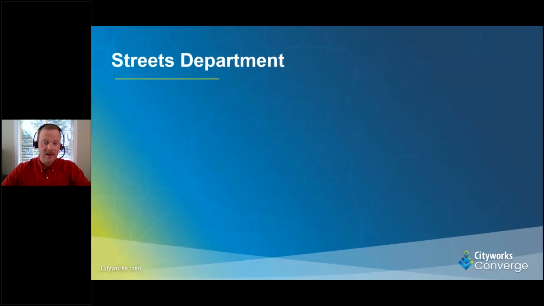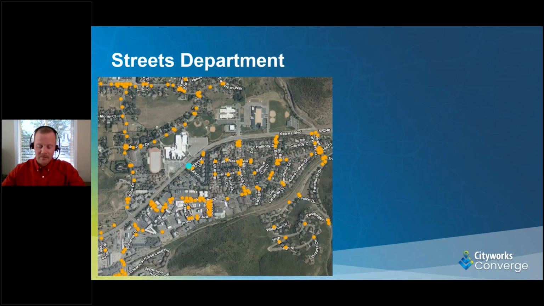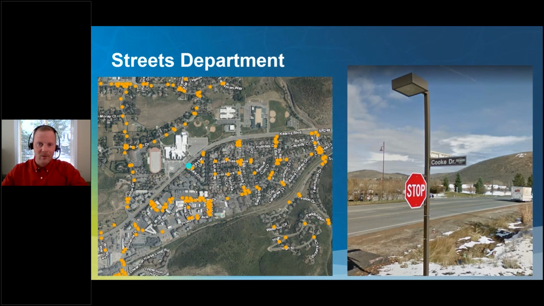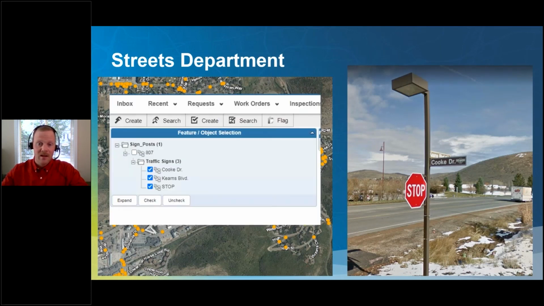All right, really quickly, aside from the water department, I also manage the data for our streets department. One day, after I was working on the vertical assets for treatment, I was trying to take a break with the traffic sign data. After a while working with it, I was like, you know what, I'm going to convert this into some sort of vertical assets as well.